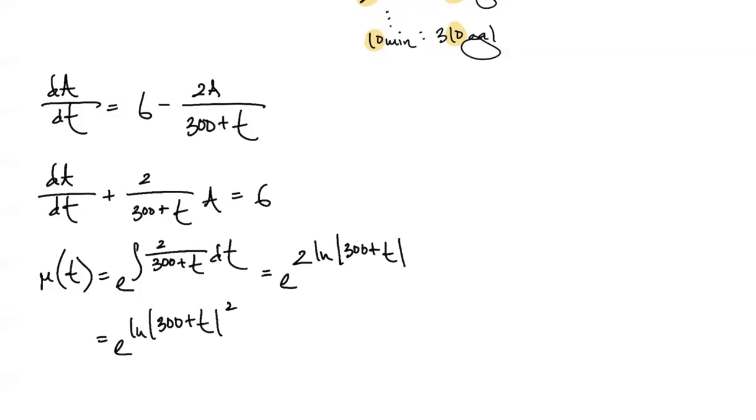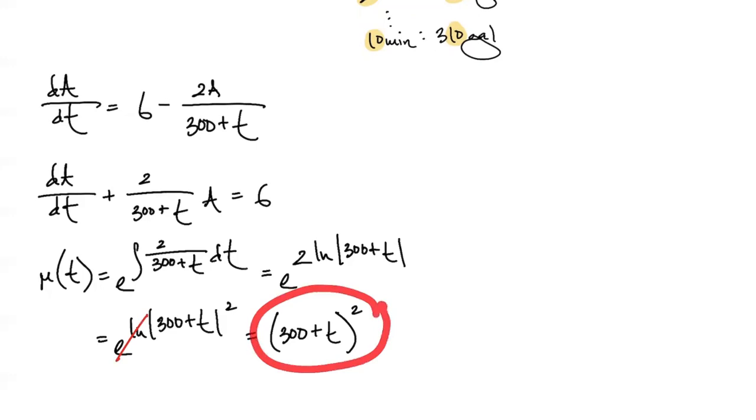And unlike the mistake I made yesterday, now I can cancel the e and the natural log, and I end up with 300 plus t, the quantity squared. That is my integrating factor. Now, if you're asking yourself why Judy lost the absolute values here, well, think about what we're doing. We are taking something and squaring it. That is always going to be positive. So since it's always positive, I can write parentheses instead of absolute value.